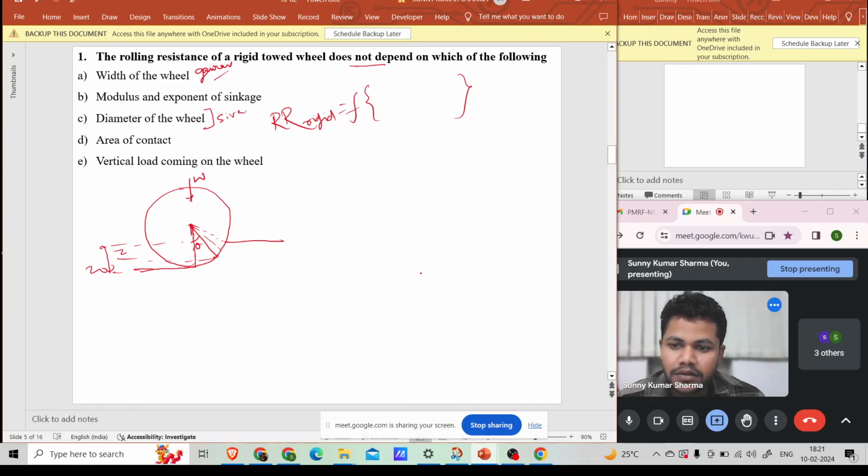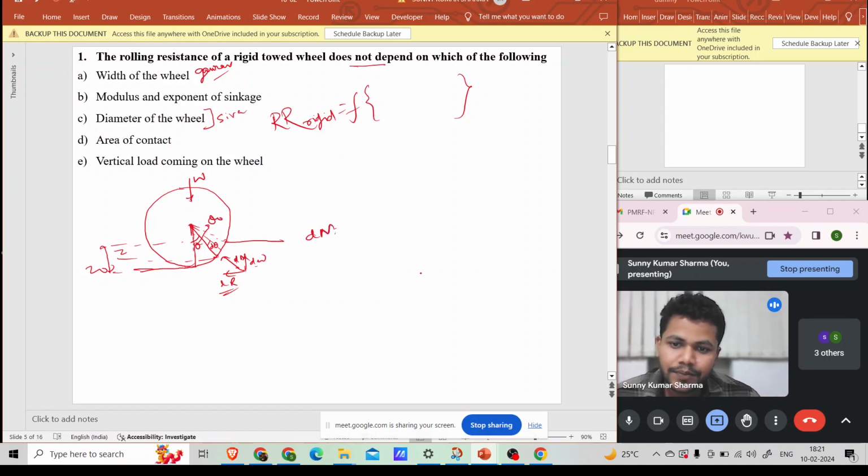And for this incremental theta, say d theta, we have some normal force dn, radial force dn. This is dw and this is dr. This dr is our resistance and this dw is the small weight coming on it. And this whole angle is theta 0.